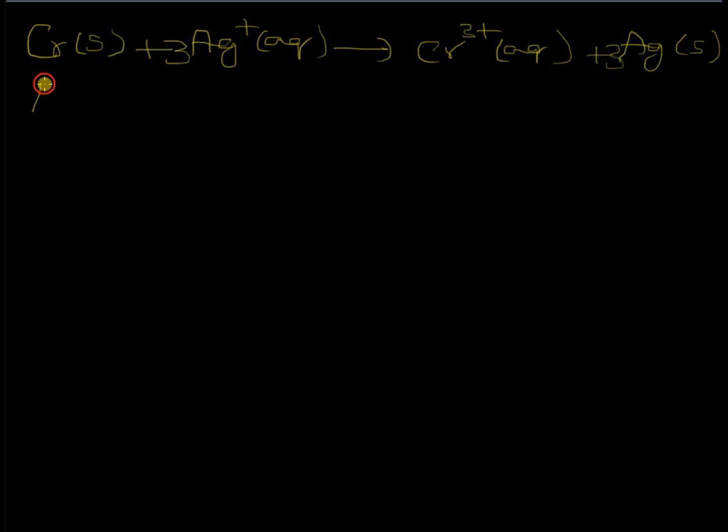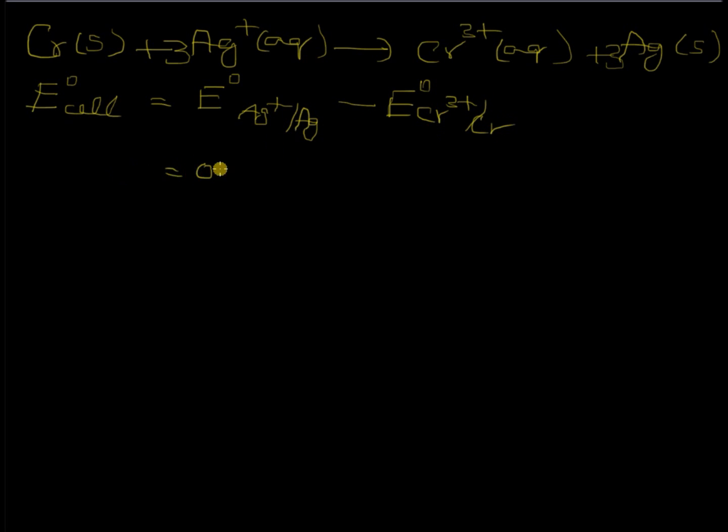Now E0 cell would be E0 cathode, which is Ag+|Ag here, minus E0 Cr3+|Cr. So that gives you a value of 1.54 volt.